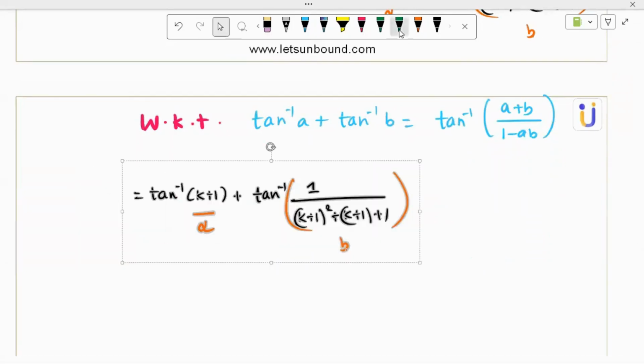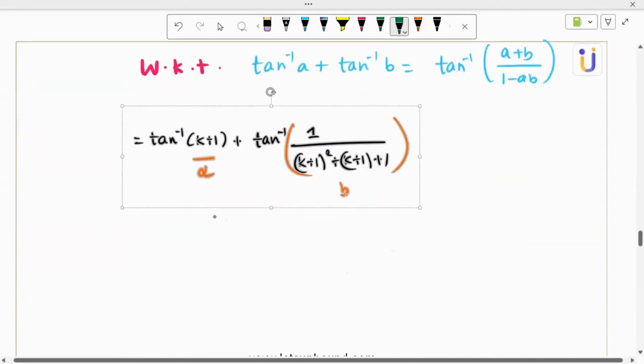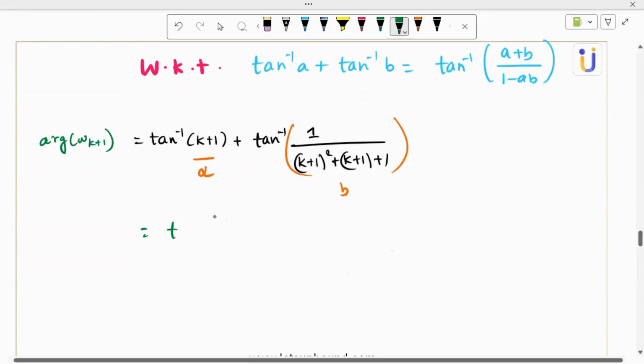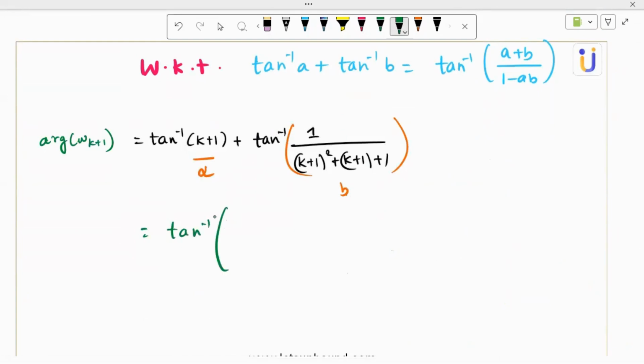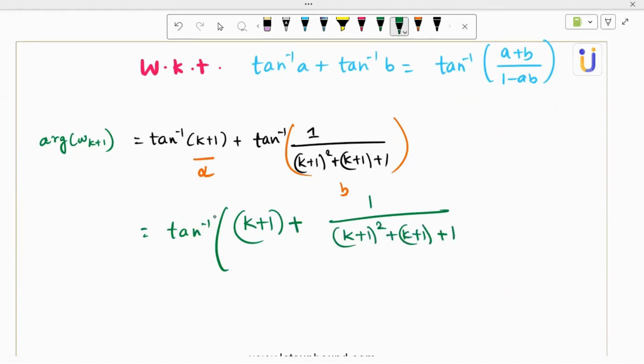Let me write it over here. And what about the left side? We are working on argument Wk plus 1. Argument Wk plus 1 equals the single tan inverse, sorry, tan inverse of A plus B, where A is k plus 1 and B is 1 divided by k plus 1 the whole square plus k plus 1 plus 1, and divided by 1 minus AB.